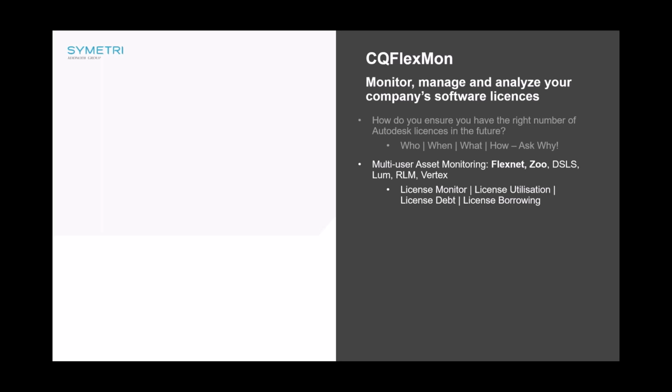Those are gradually going away, at least in Autodesk's world, to the named user accounts, but there's still a lot of vendors out there. Rhino users, for example, use Zoo. FlexNet is still in place in a lot of environments, so we have a CQ FlexMon server that will talk to the APIs in these different license managers to give you the information that you need.